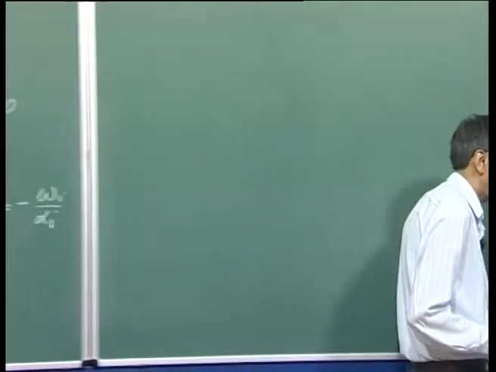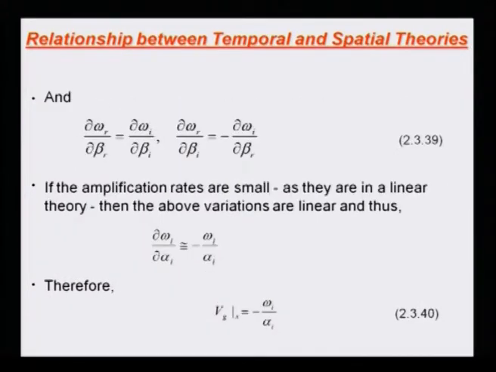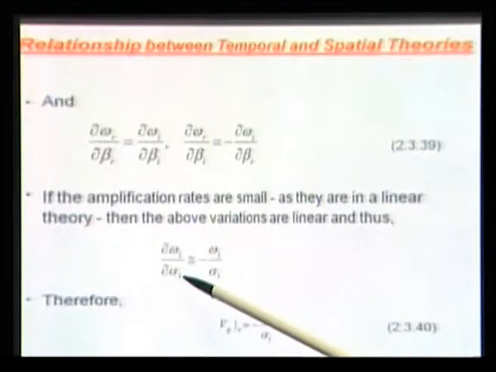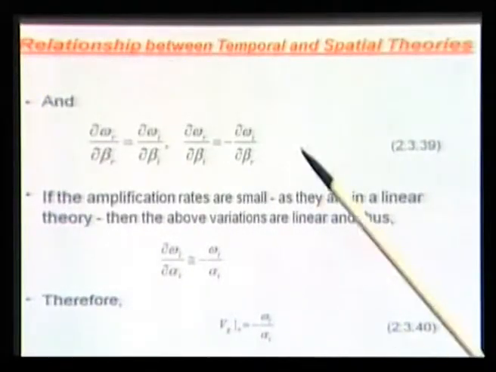So, that is precisely what we do. Then what we do is basically write this quantity. So, del omega I by del alpha I is equal to this. So, that itself was V g x. So, this is an expression for V g x. So, V g x simply turns out to be minus omega I by alpha I.